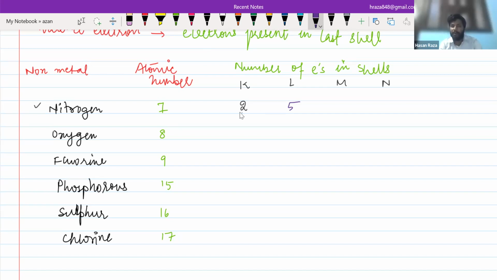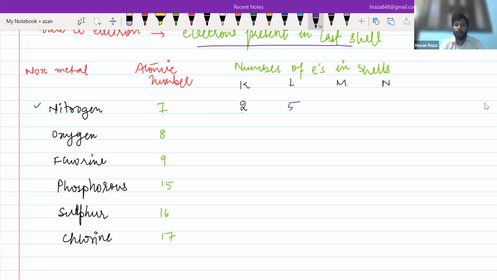But the valency, you can see, if the valence electron is up to 4, like 1, 2, 3, 4, the valency will be equal to the valence electron. If the valence electron is more than 4, then the valency will be equal to 8 minus the valence electron.